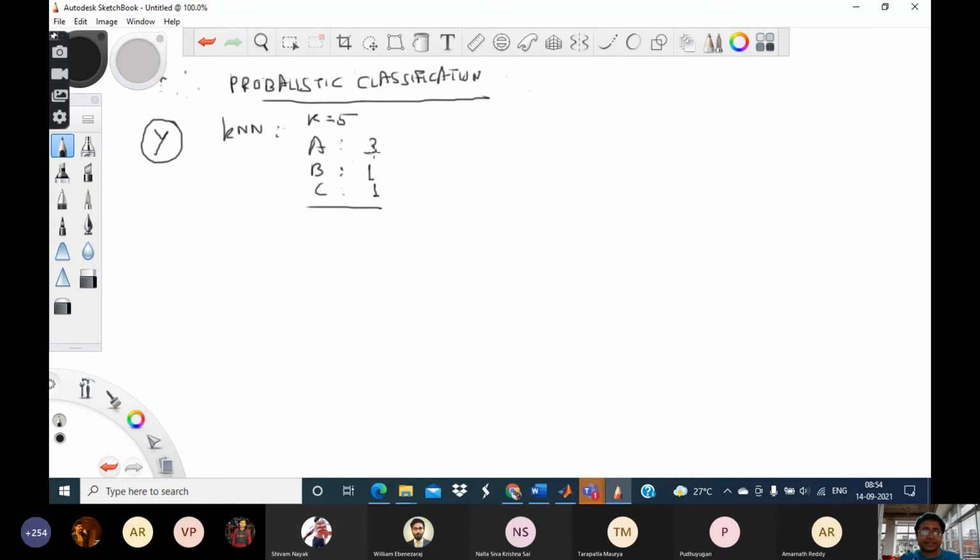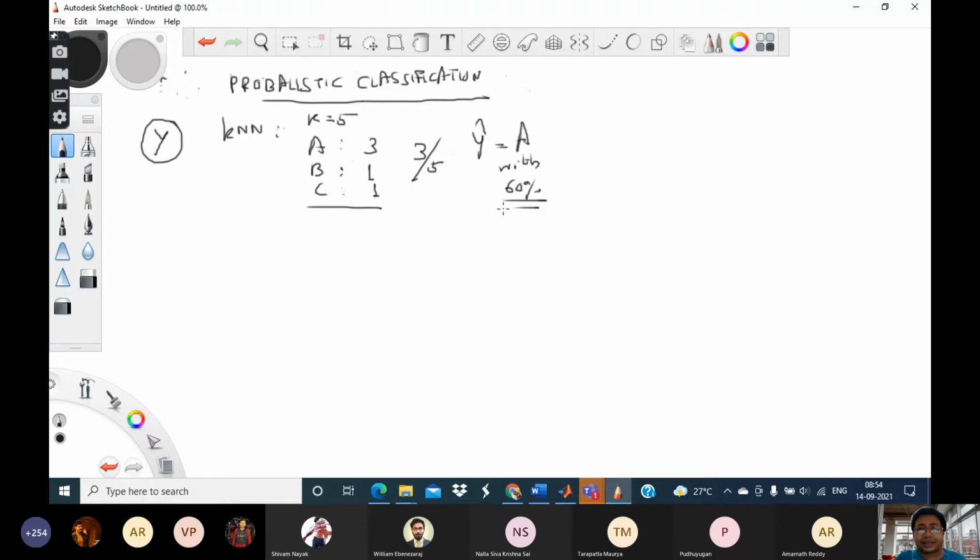So I can say that I am predicting class A with 60% confidence. That is, out of 5 votes, I have got 3 votes in favor of class A. My predicted label y hat is equal to A with 60% confidence.